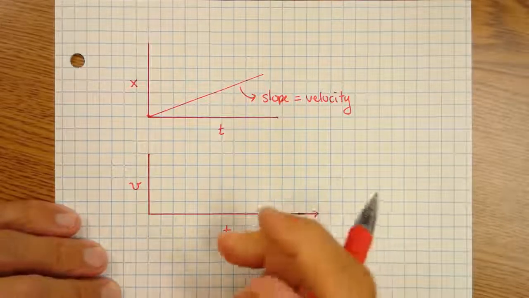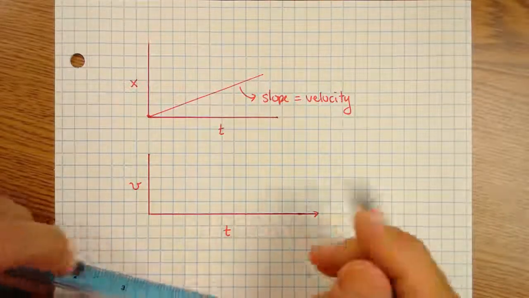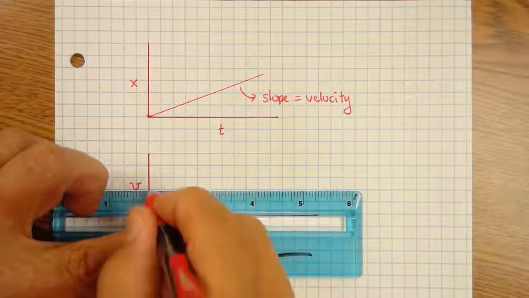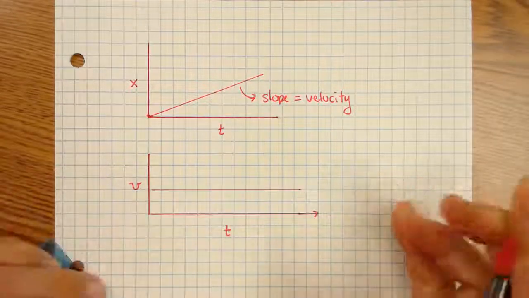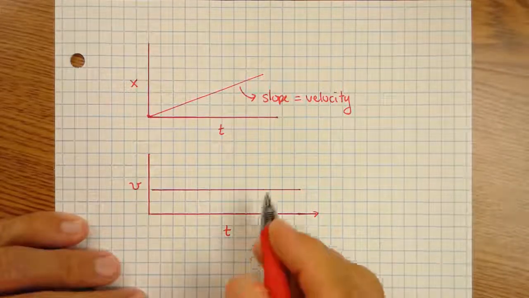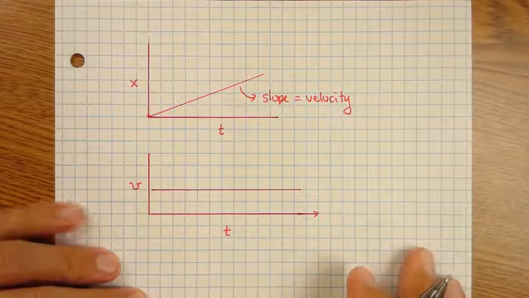Maybe your velocity was 2 meters per second, but it never changed all the way across the parking lot. So it was just a horizontal line representing the velocity versus time. The velocity never changed.